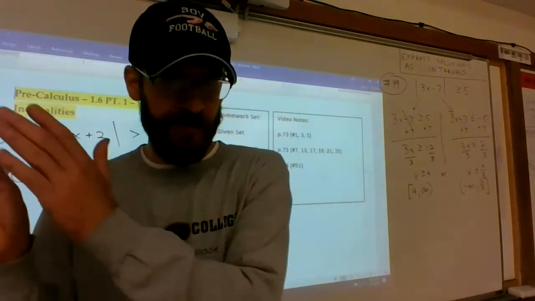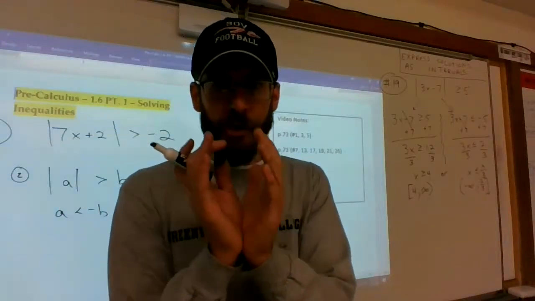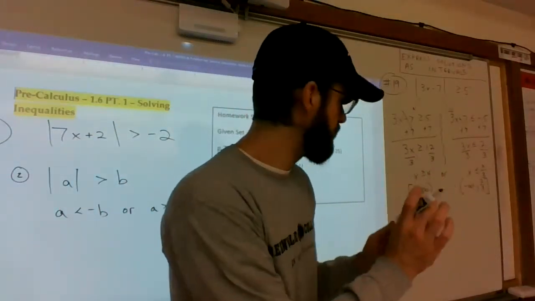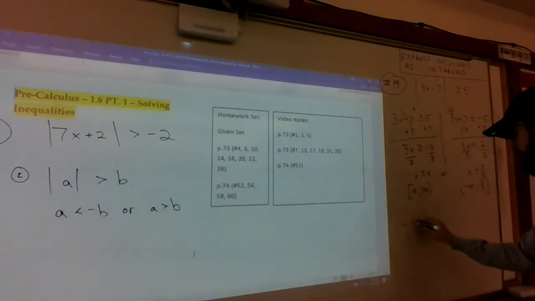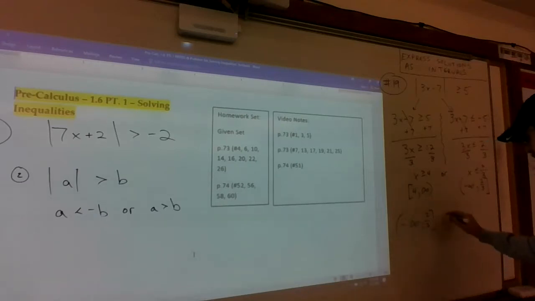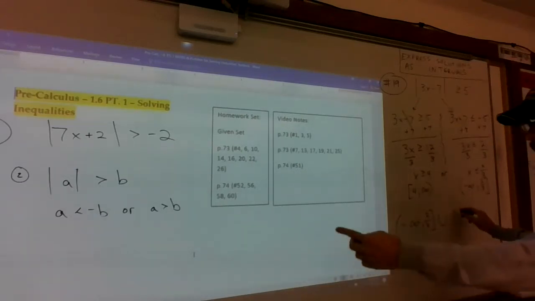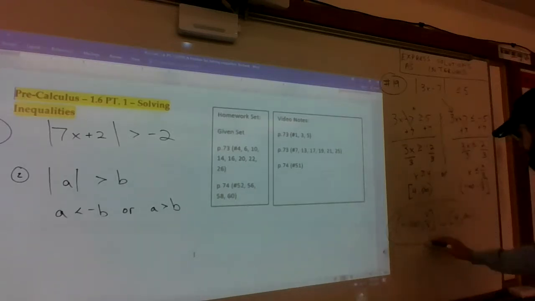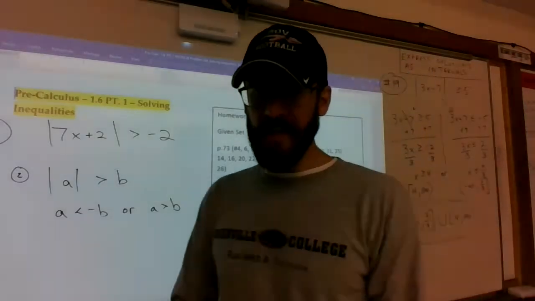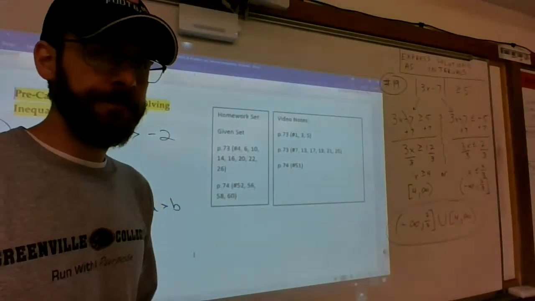And usually they start with the leftmost, union with the rightmost. Starting with negative infinity, you've got this, and then the U symbol for union. It's kind of like your or statement. That's proper notation.